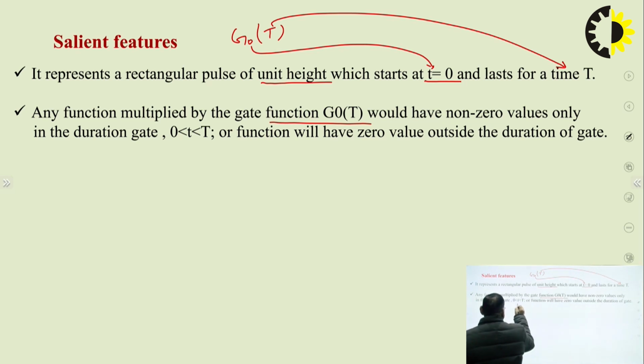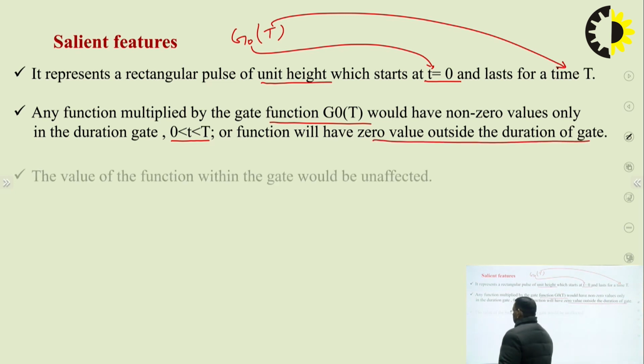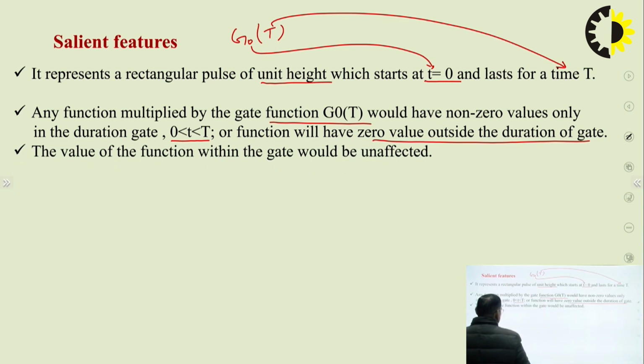And what is the duration of the gate? The duration of the gate is t greater than 0 and less than capital T. The function will have 0 value outside the duration of the gate, so the value of the function within the gate would be unaffected.